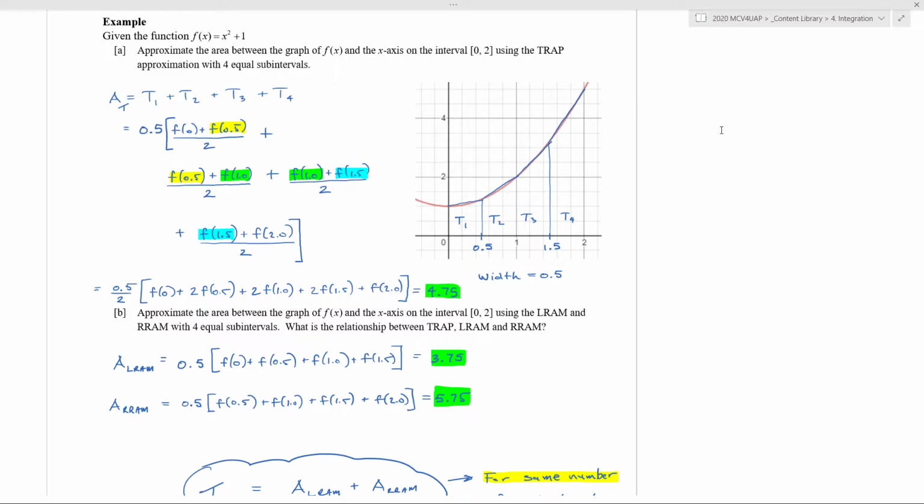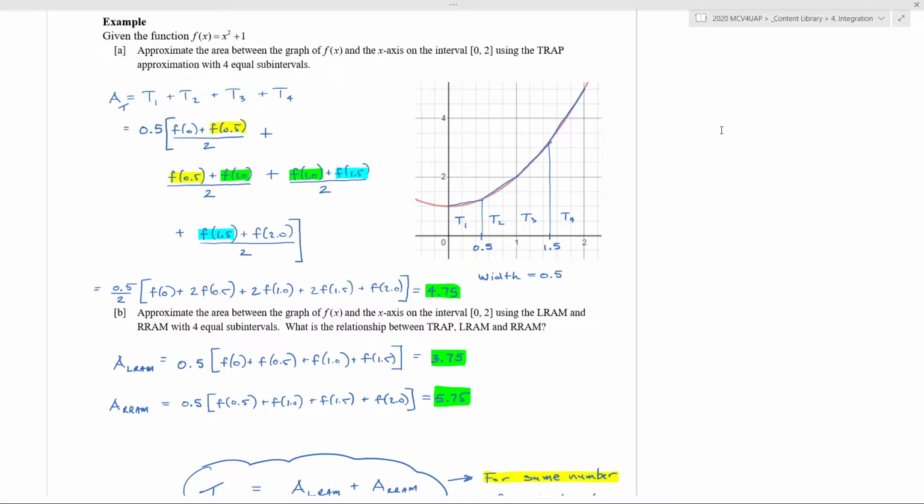Since the width of every trapezoid is exactly the same, and that width is 0.5, I've factored 0.5 or 1/2 out of that large square bracket. So that is the width of each trapezoid.